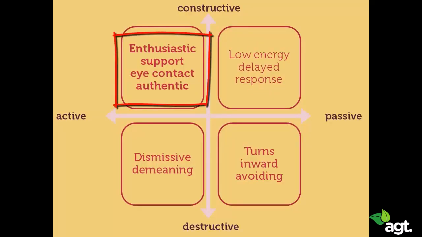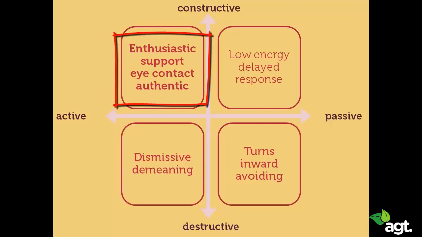Here's a matrix that shows us the 4 different types of responses that we can give to good news. The most productive and positive response is what we call active and constructive in the upper left corner. To understand all of them, let's consider an example. Let's say your partner comes home and tells you about a promotion they got.